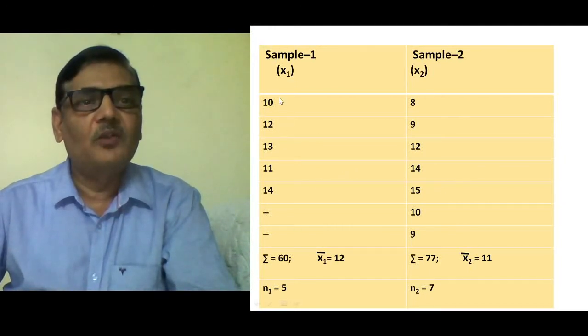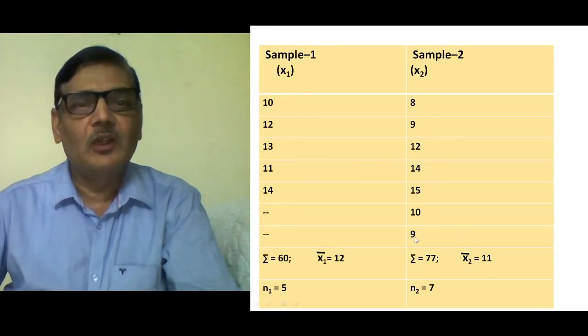First of all, we will find the mean value of sample 1 and then the mean value of sample 2, because from such mean values we shall be able to get the variance. Here the sum of all these observations comes to 60, and the number of observations is 5. So X1 bar, the mean value of the first sample, is equal to 12.